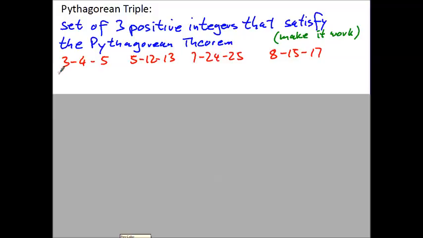For example, we can multiply each of the numbers of our first Pythagorean triple by 2 and we get 6, 8, 10. That also works. Or we can keep multiplying by other numbers and the triples that come out are always going to be Pythagorean triples.